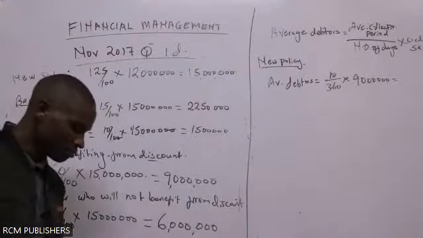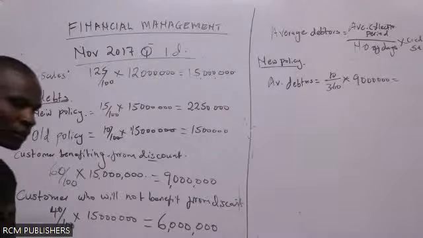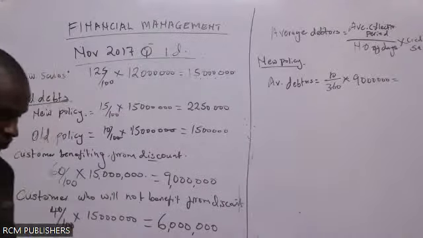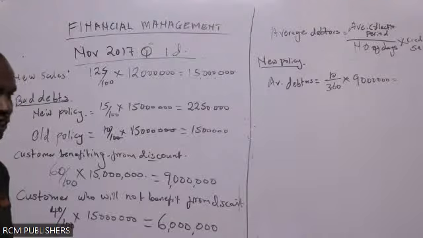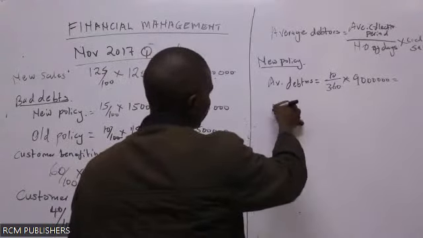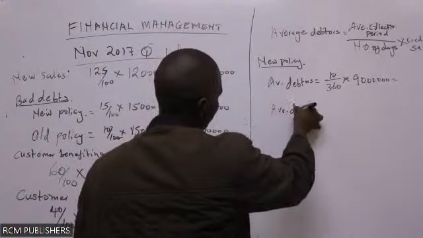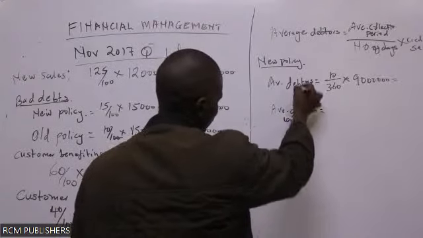Times 9 million. And then wenye watapata discount, net 60. Now the people with the amount yenye tutatumia ni hiyo. So average data without discount. This is with offer.